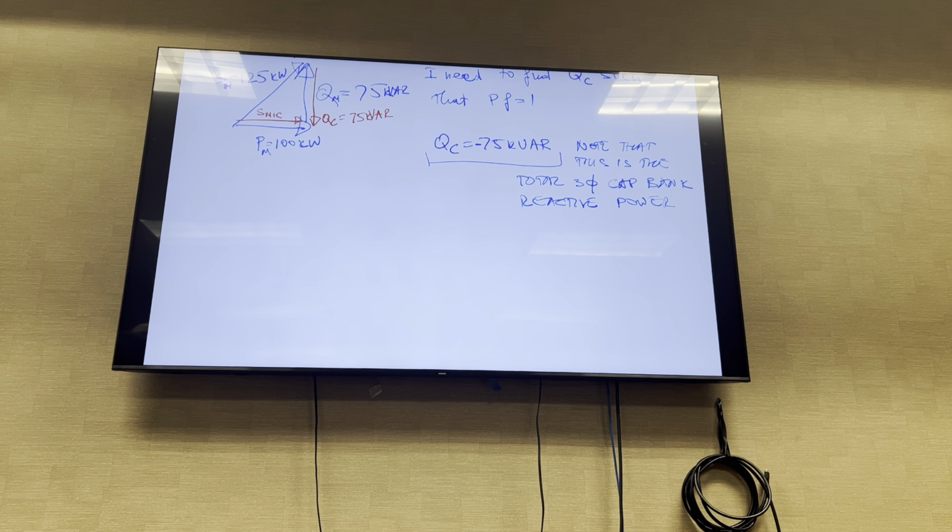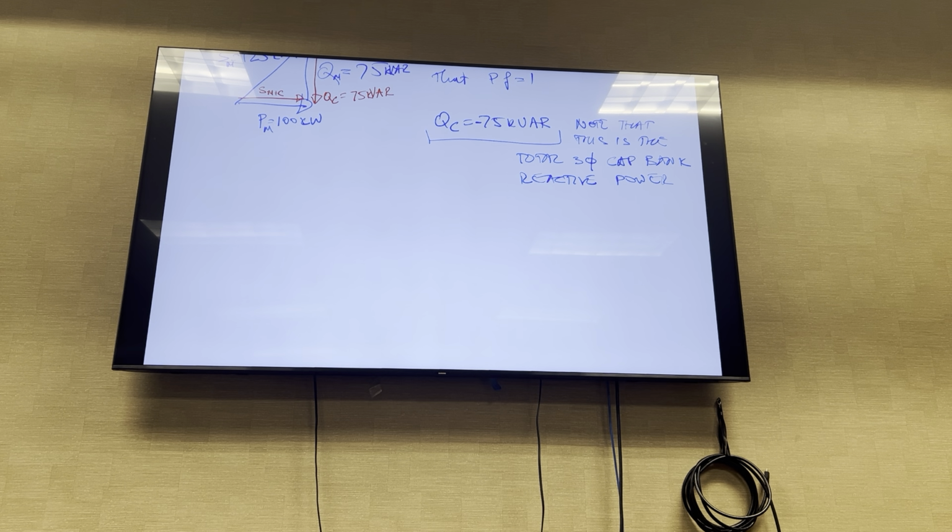So to find XC, we said we'll take QC per phase, and we'll set that equal to V in per phase, magnitude squared, divided by XC, right?